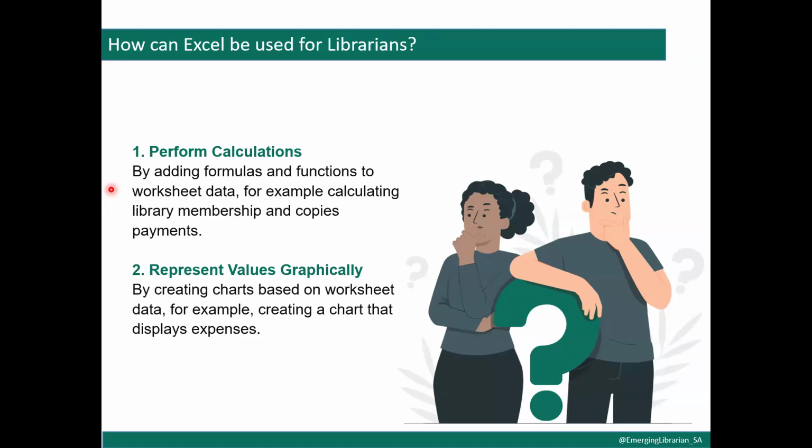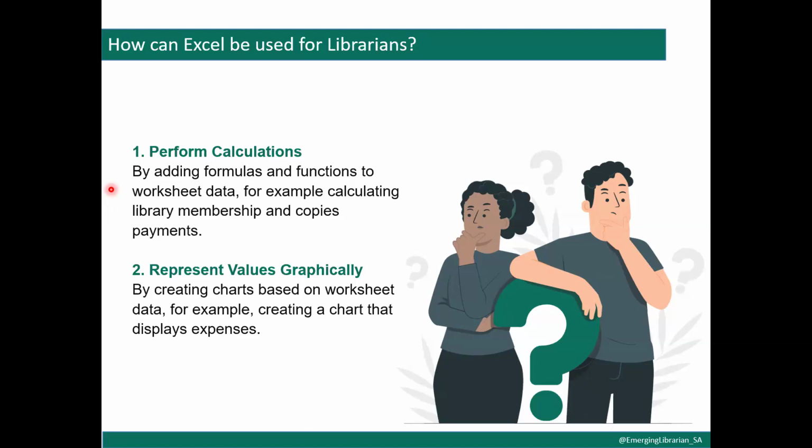We can still use Excel to run those calculations and avoid writing on our papers and using our pen. We can open Microsoft Excel and do the calculations. It will also help us to have accurate information when we are presenting our data. Number two, represents values graphically.